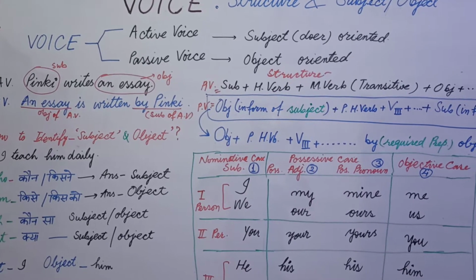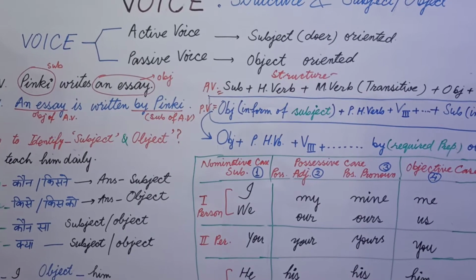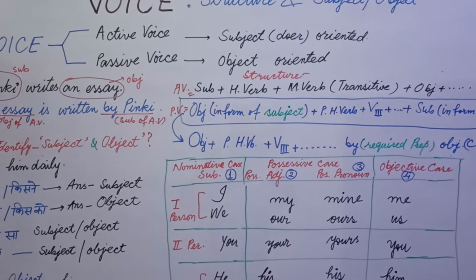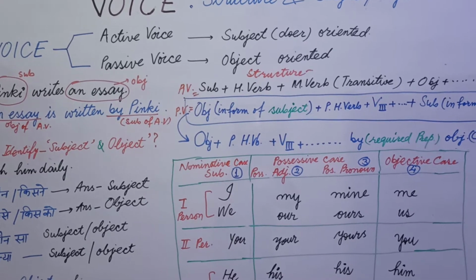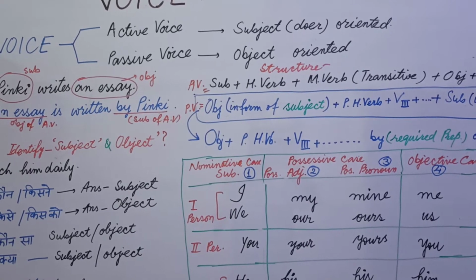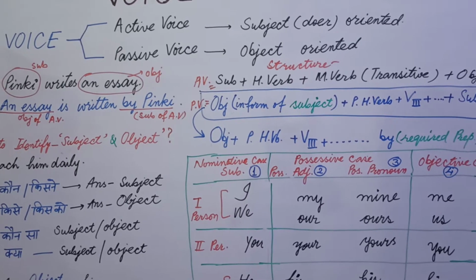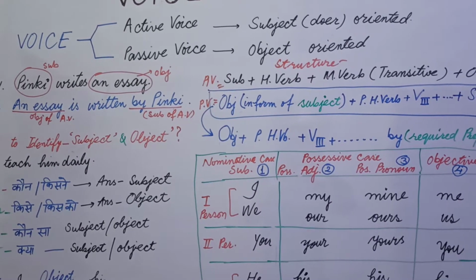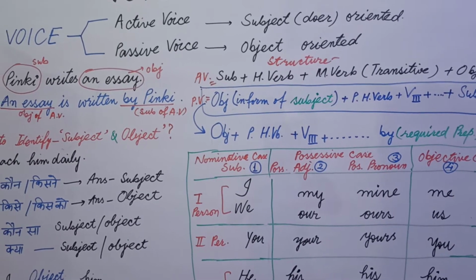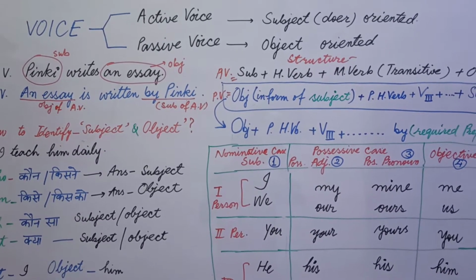Now this sentence begins with students. Students is the object, and by me, I is changed into me. So we can say students are being taught; students are not teaching, meaning the phrase students isn't a subject but an object. In this way, this sentence is based on the object, that's why it is passive voice.